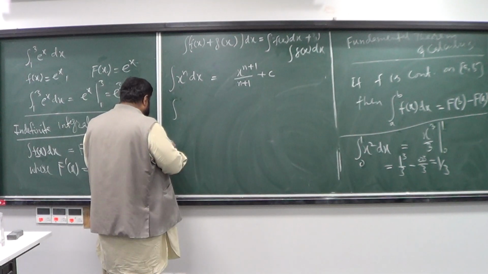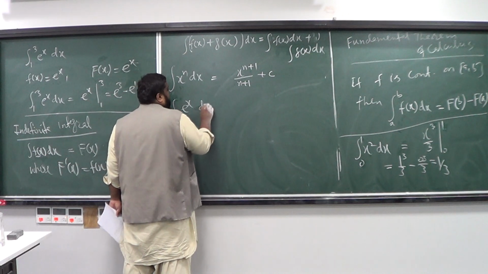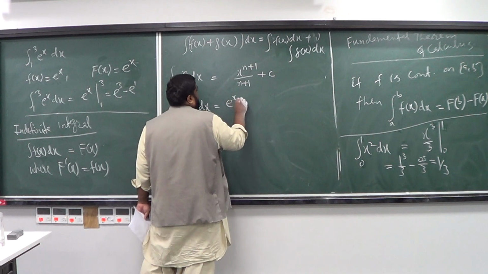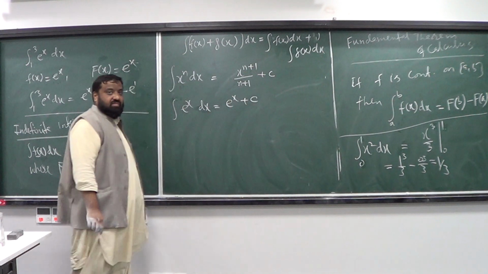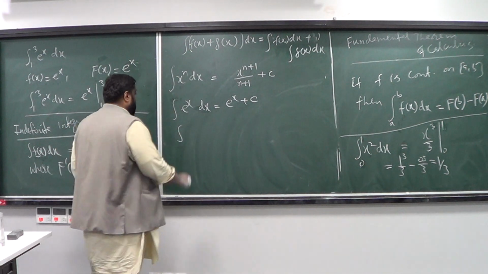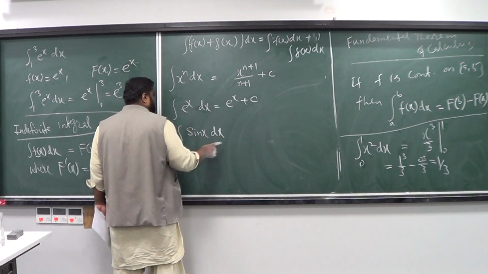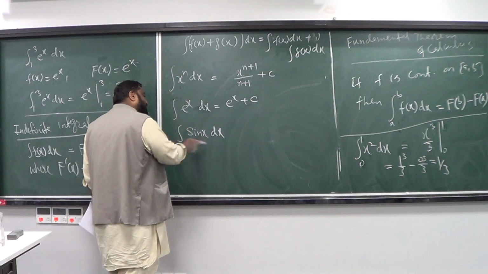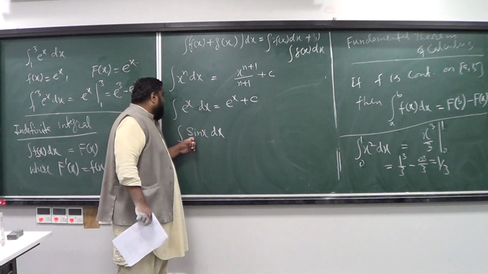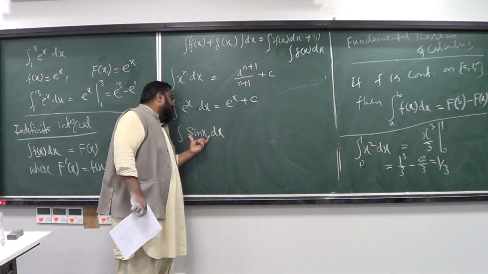What would be the antiderivative of e power x? In other words, what is the function which, if I differentiate, I get e power x? The answer is e power x itself. What is the function which, if I differentiate, I get sine x? You have to make sense of this symbol: integrating sine x with respect to dx means finding the antiderivative of sine x.